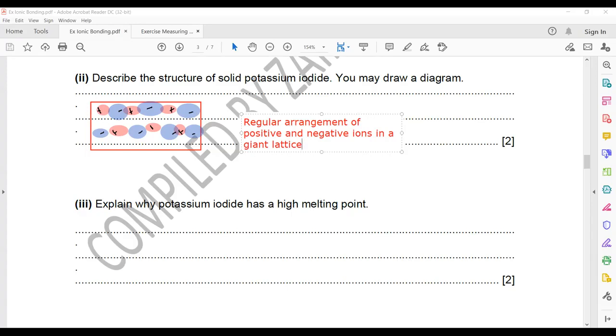That's why we use that term. If you use the term lattice or the term regular arrangement, you will get 1 mark. And the second mark is for mentioning that in the lattice we have both positive and negative ions.